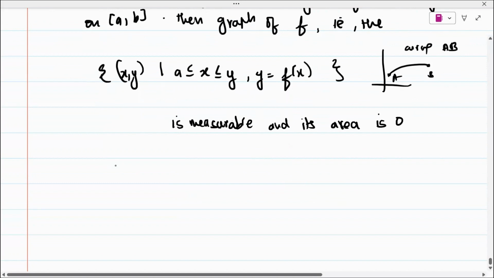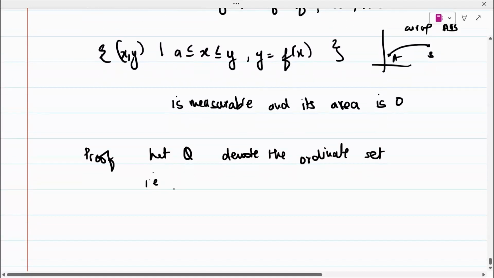The proof is quite simple, but in hindsight I don't understand how this is okay. But let's say let Q denote the ordinate set of the function.